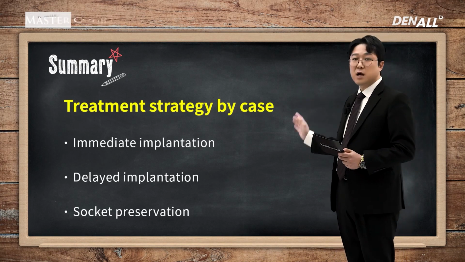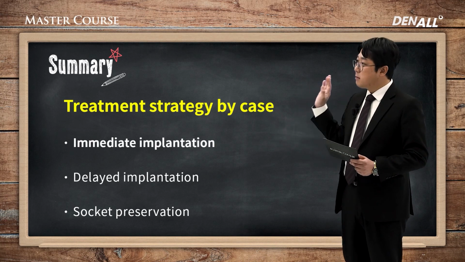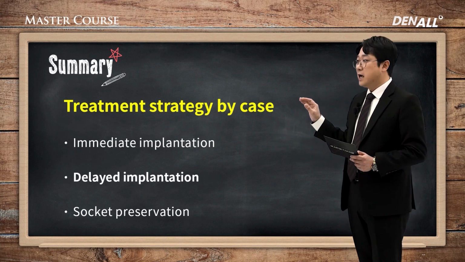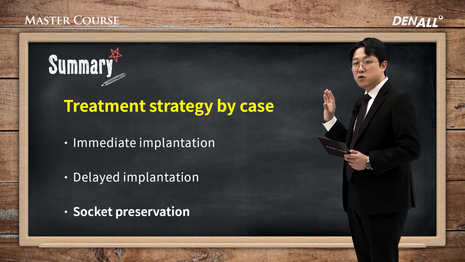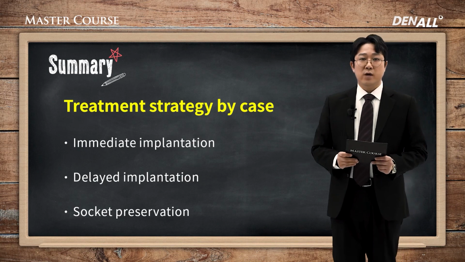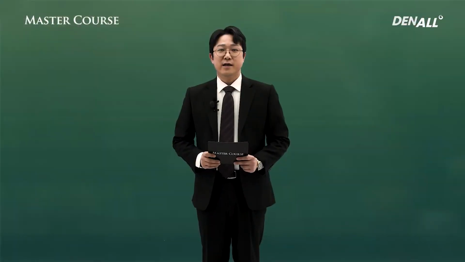For implant treatment after extractions, the strategy can be divided into largely 3: whether you do immediate implantation, delayed implantation, or whether you do socket preservation and then implant placement. I've talked about clinical cases that fall into these 3 categories.